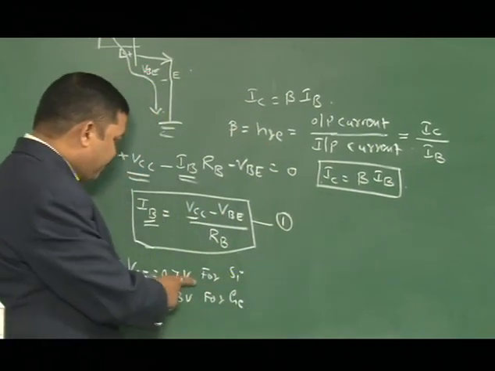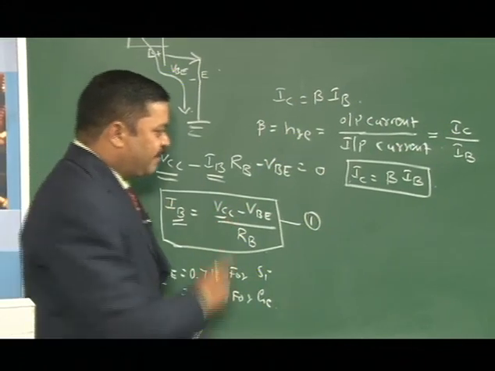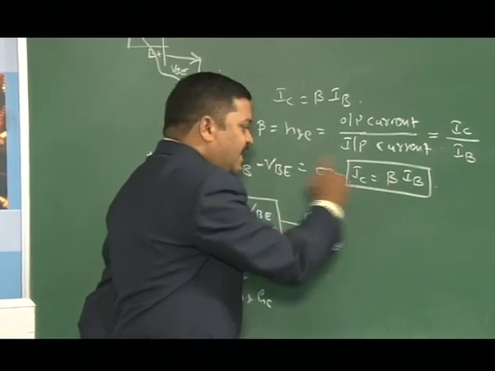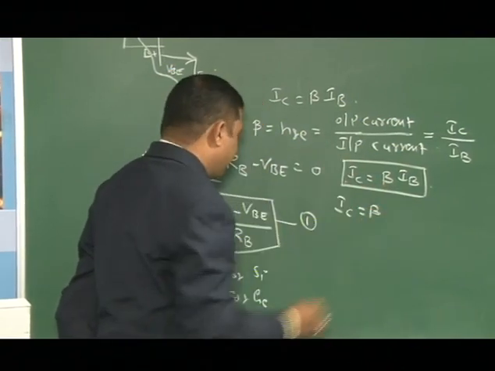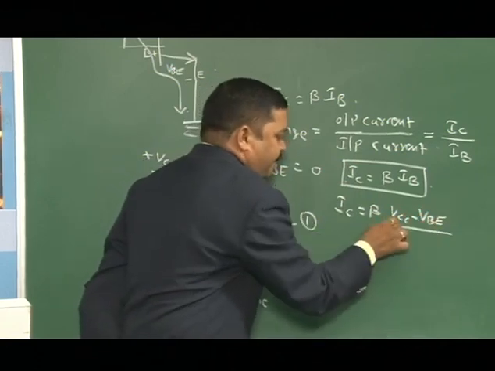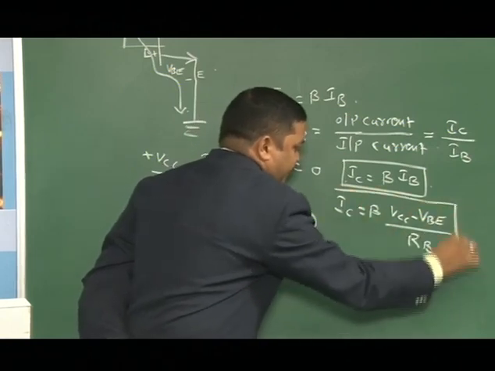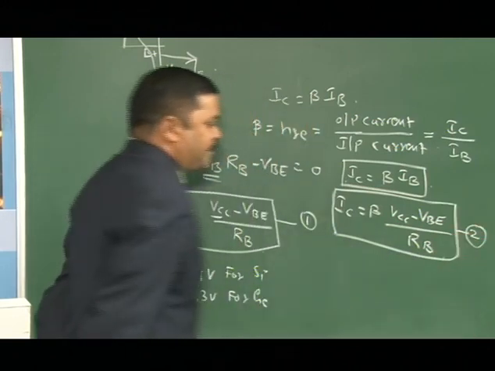So already IB is constant here from equation 1. We substitute here, which will be multiplied with the constant value beta. IC is equal to beta times VCC minus VBE divided by RB. So this is IC. So let me call this as equation 2.